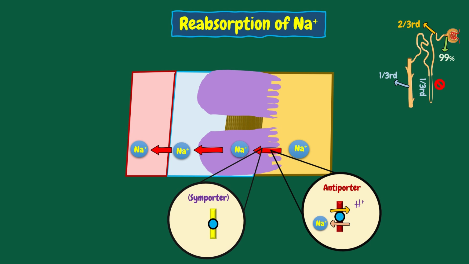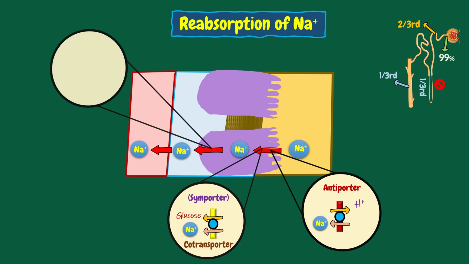Symporter is an integral membrane protein that is involved in the transport of 2 different molecules across the cell membrane in the same direction. The symporter works in the plasma membrane, and molecules are transported across the cell membrane at the same time and is therefore a type of cotransporter, through which movement of sodium, along with other substances like glucose and amino acids occurs.